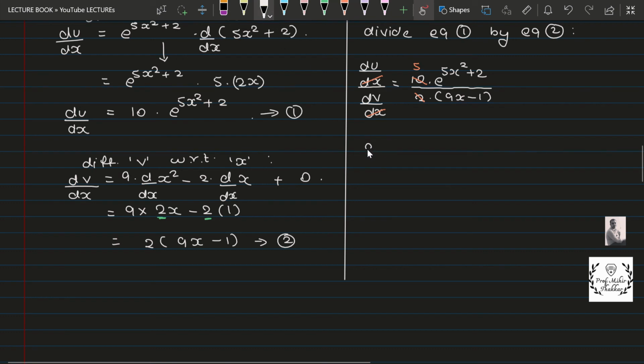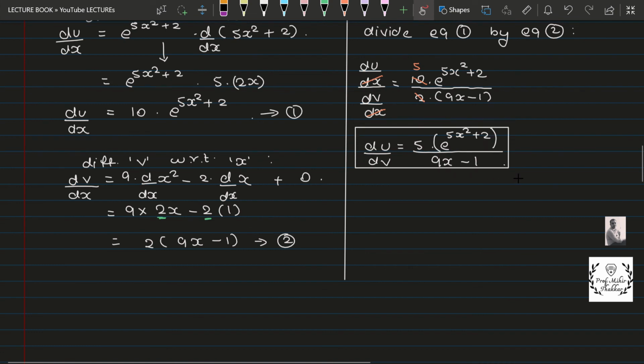So students, your final answer is du by dv is equal to 5 times e to the power 5x square plus 2, and that is divided by 9x minus 1. So guys, that is your answer for the value of du by dv.